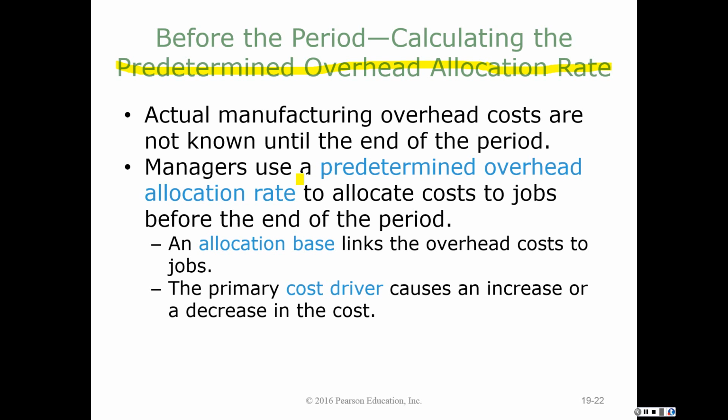So we come up with this predetermined overhead allocation rate to decide how this overhead can get moved out of the manufacturing overhead account and into the cost for job number 27, 28, and 29. So we're going to estimate the total amount of overhead that we're going to incur during the year, and then we're going to estimate what is driving those overhead costs.